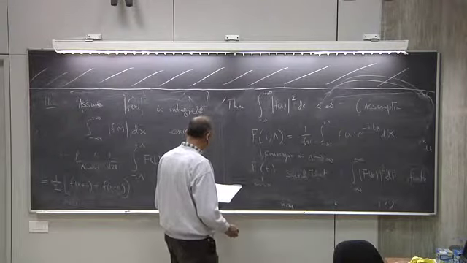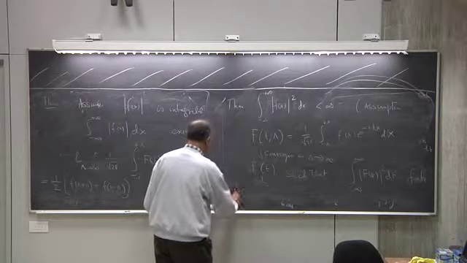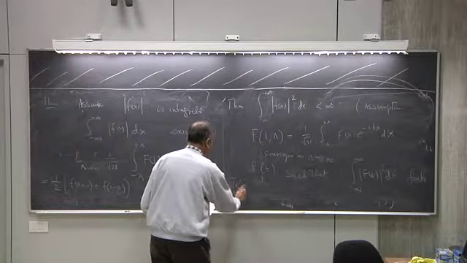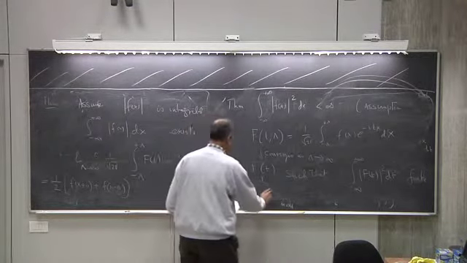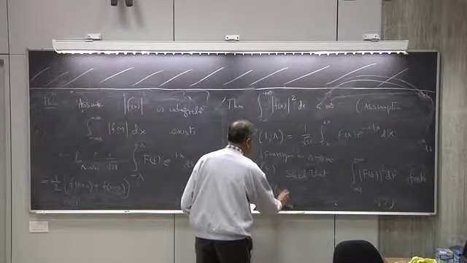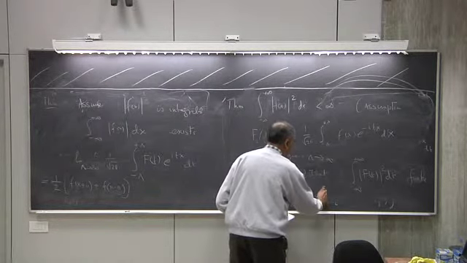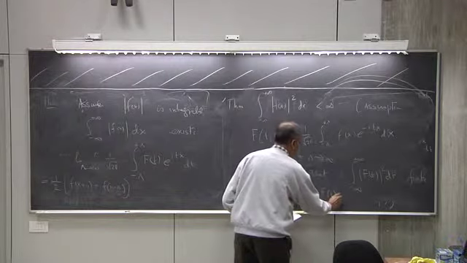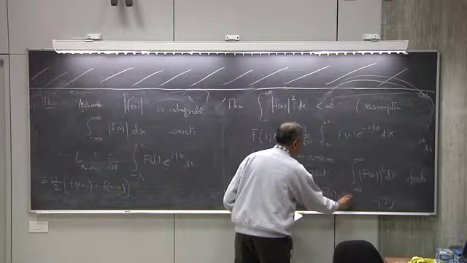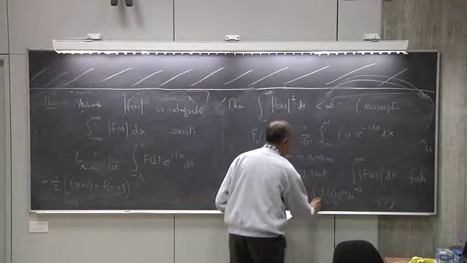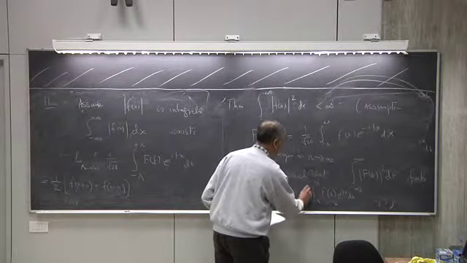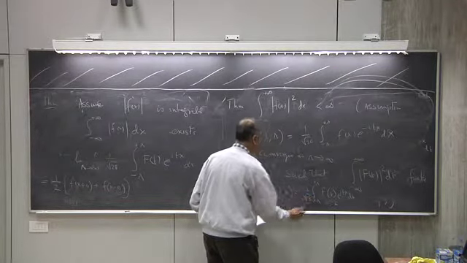And furthermore, the inverse transform, you define the same way: f of x lambda, which is 1 over root 2 pi times the integral of f of t e to the I dx dt from minus lambda to plus lambda.